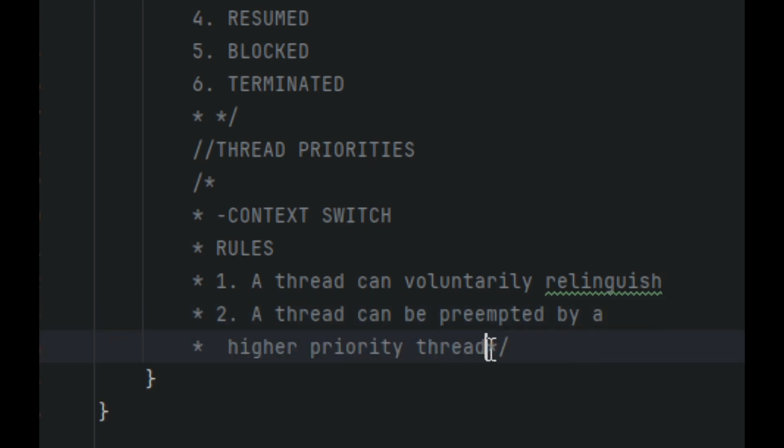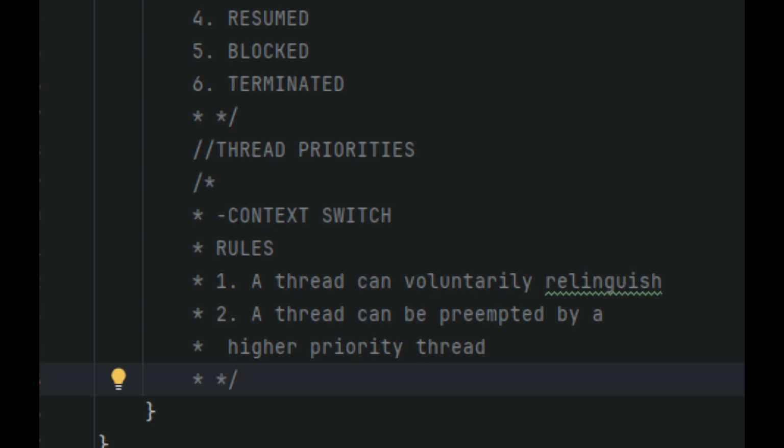Okay, so what do I mean by this? In the case of a lower priority thread that does not yield the processor, that lower priority thread is simply preempted, no matter what that thread is doing.